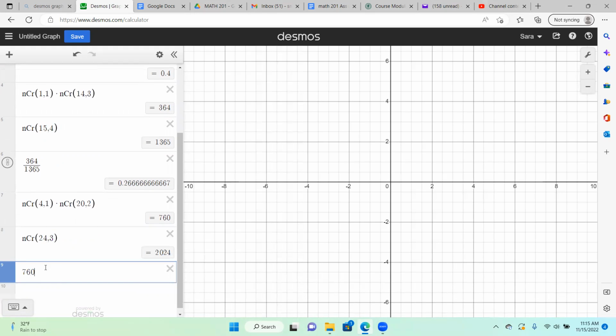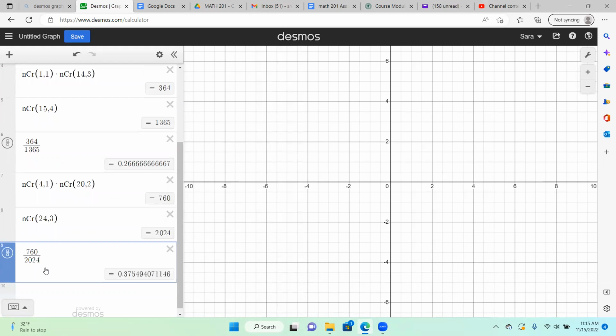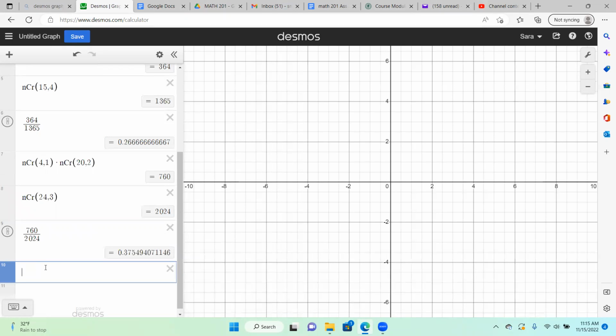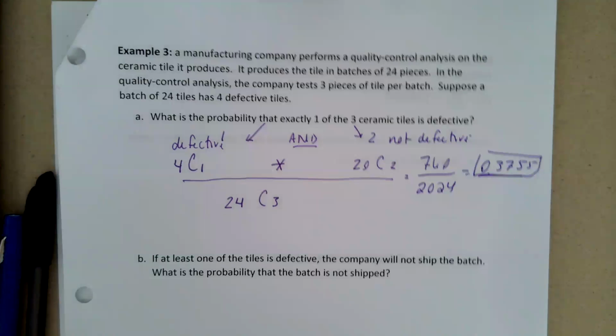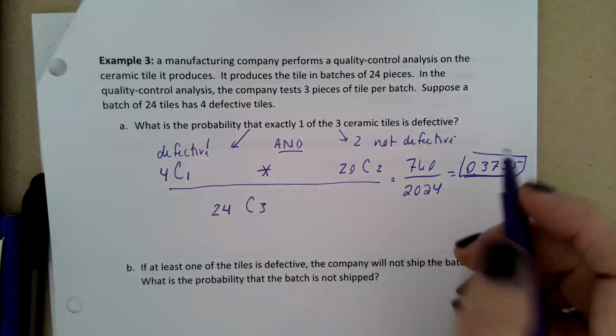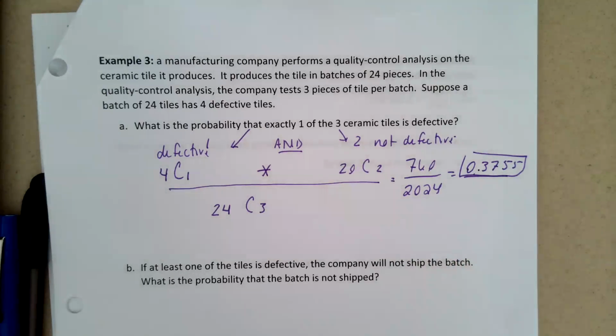So that is 760 divided by 2024, and our probability is 0.3755. Usually I say to go to 4 decimal places or 3, usually 4. Let's go back to our paper here. So this is what it looks like, 0.3755.